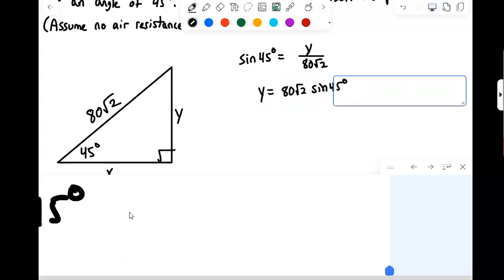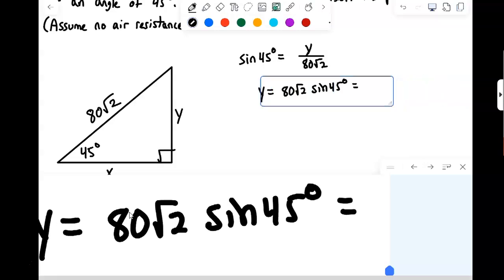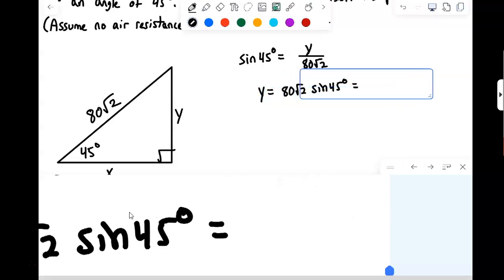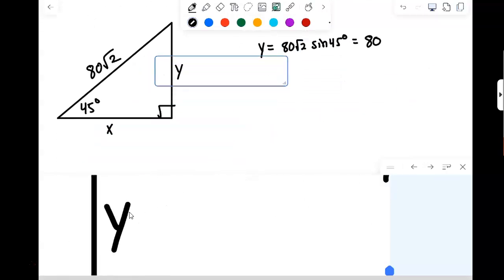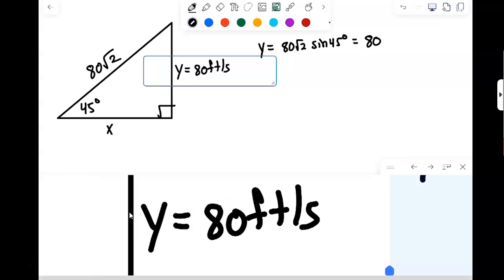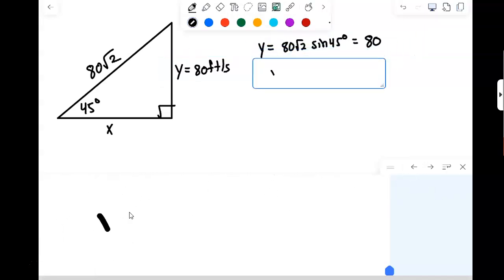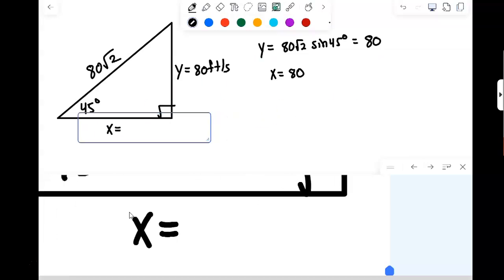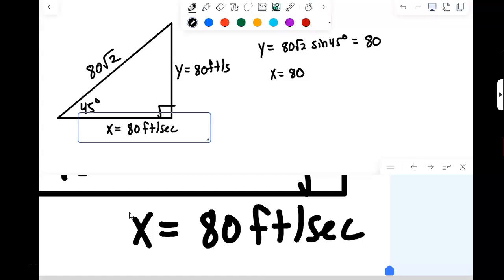But the sine of 45 is square root of 2 over 2, or alternatively 1 over the square root of 2. So the square root of 2's would cancel out, and we would get that Y is equal to 80. So that's going to be 80 feet per second. And in a similar fashion, X would be equal to 80. So both of those are actually 80 feet per second.